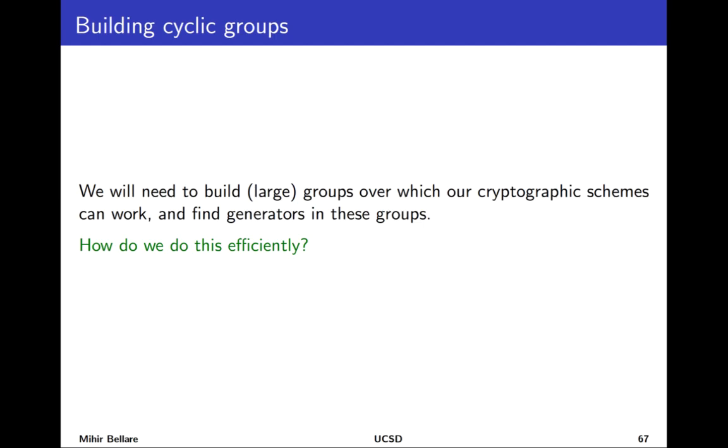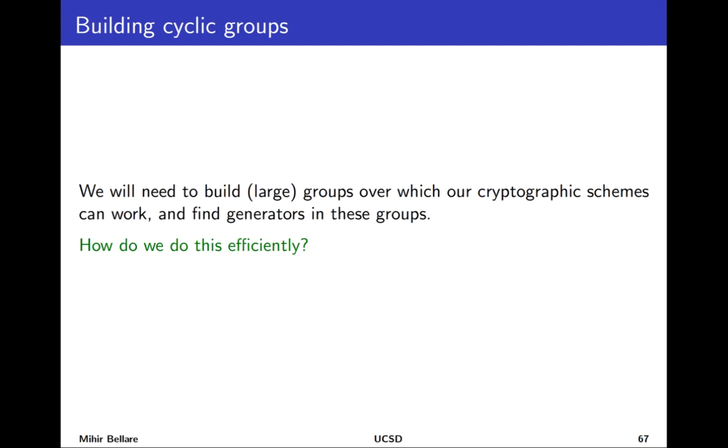So this has told us something about the difficulty of the discrete log problem and its companion, this computational Diffie-Hellman, in certain groups. So if you have large prime numbers or we have elliptic curve groups, we now have a sense that we have this problem out there that it seems hard for adversaries to solve. But if we want to actually produce cryptography based on that, it isn't enough to abstractly know that these groups are out there.